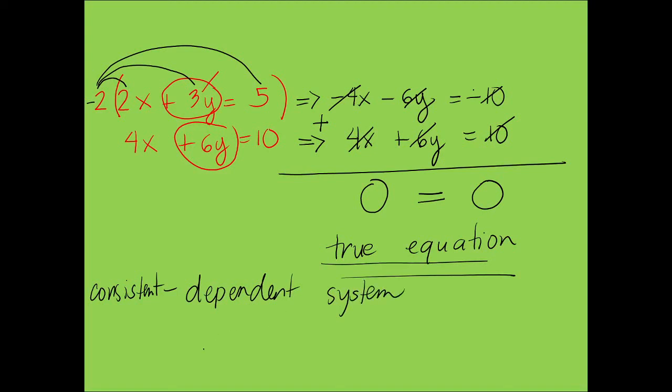And what's the graph of a consistent dependent system? The graph is simply coincident lines. So if I graph 2x plus 3y equals 5 and 4x plus 6y equals 10, it will give me coincident lines. There is nothing wrong with that if you have 0 equals 0. That is what you call a true equation. Is that clear, section Ruby?